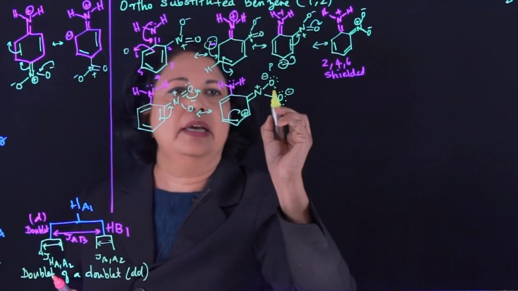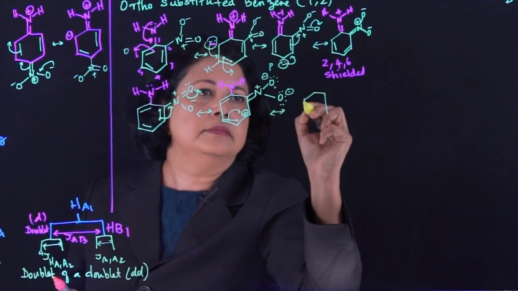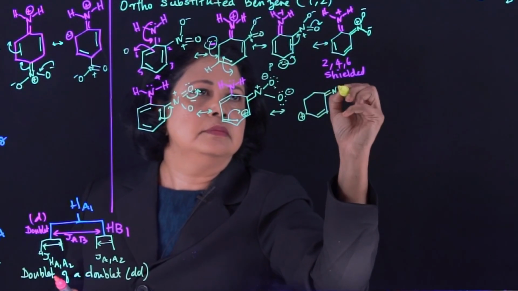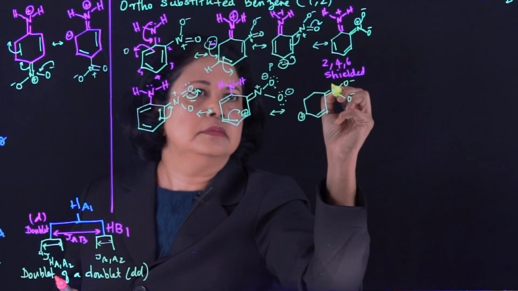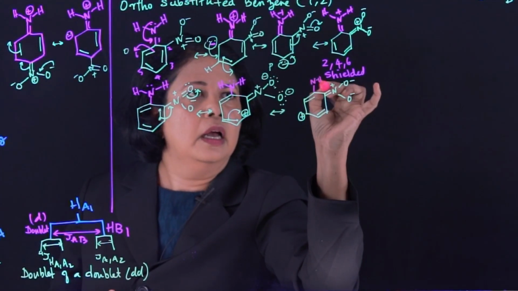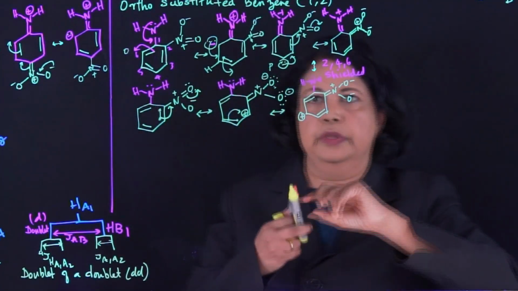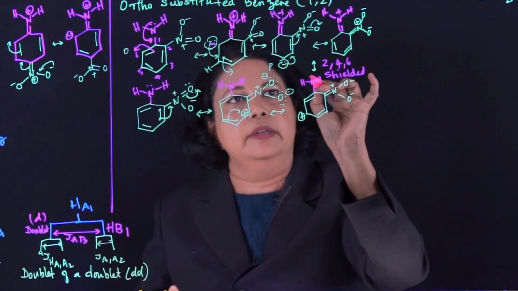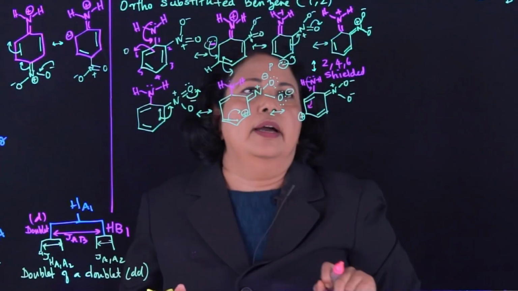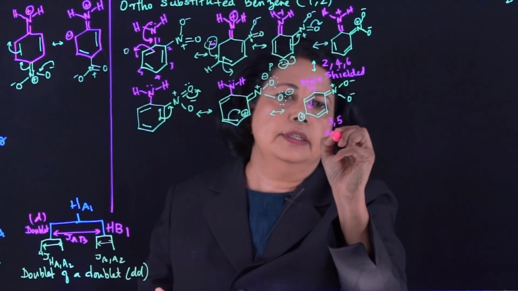So this is a very nice clear-cut case. So you have a positive here. And then you could continue the resonance, and I'm not going to write all of them down. I just wanted to show you that 3 and 5 are de-shielded.